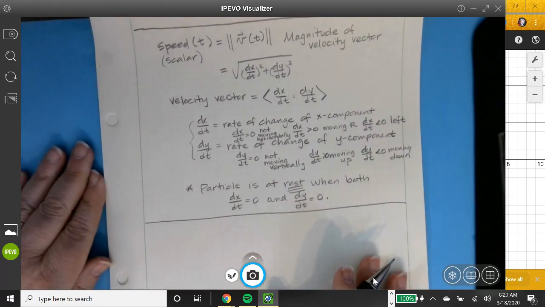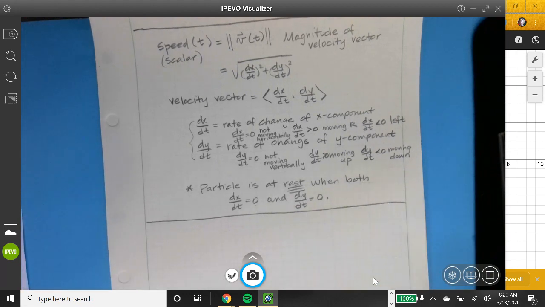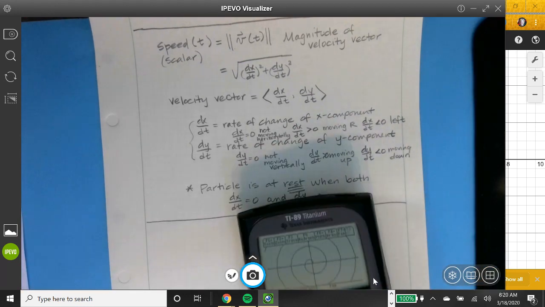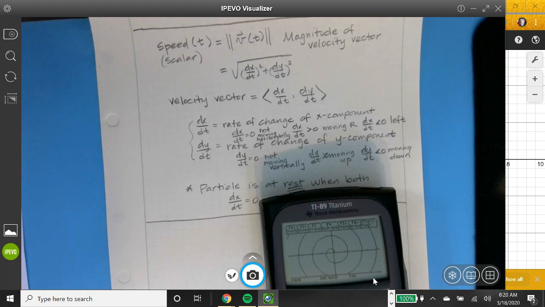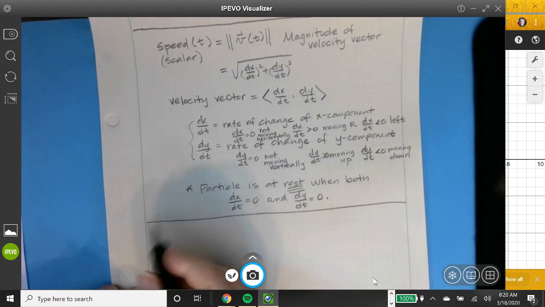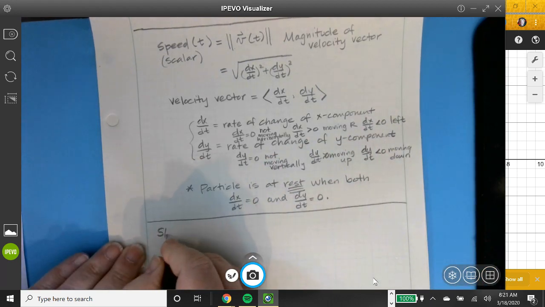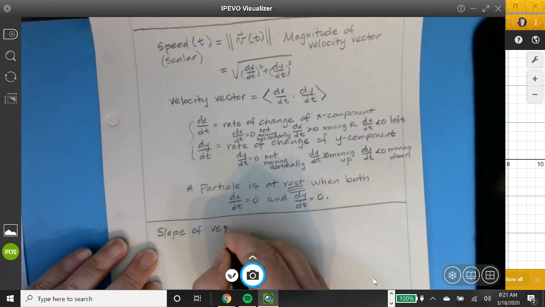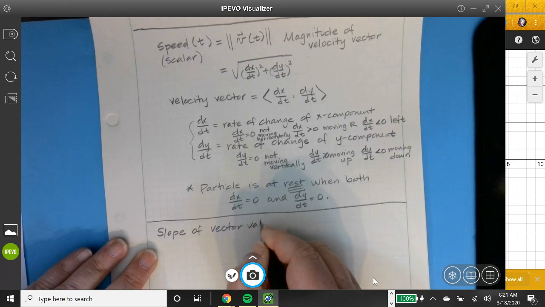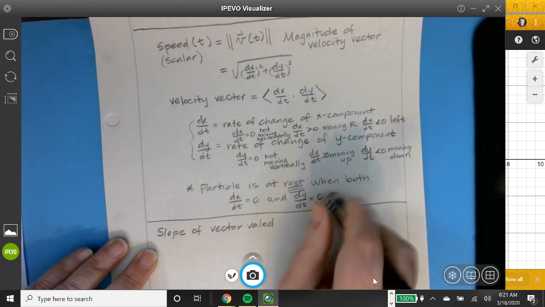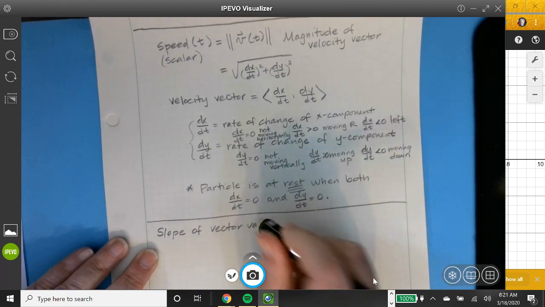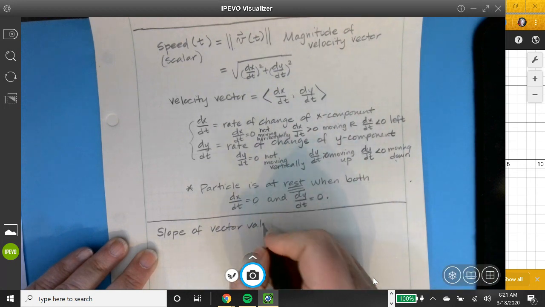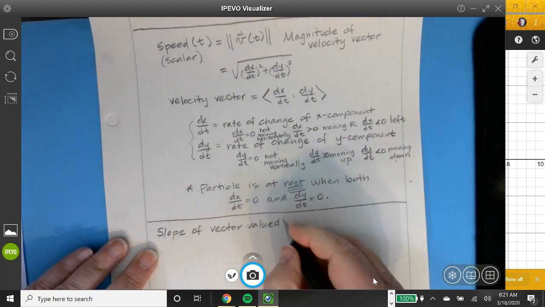The next thing we need to know is, obviously, I said our graphs have slope. We've got to find the slope of a vector valued function.